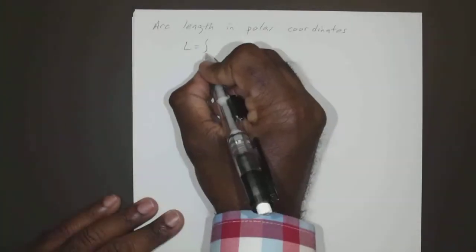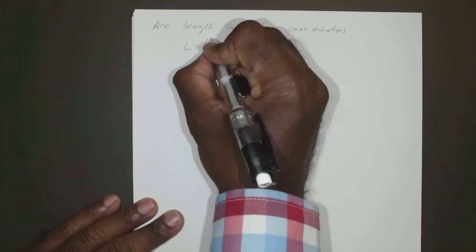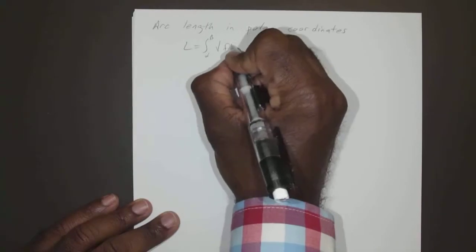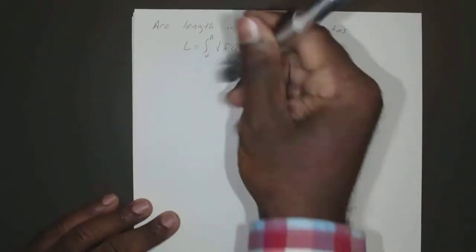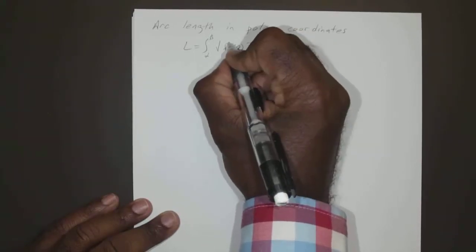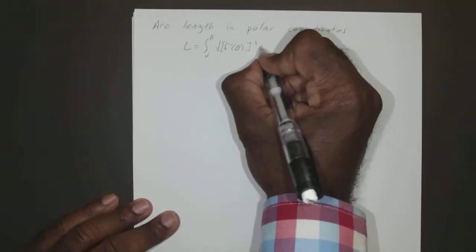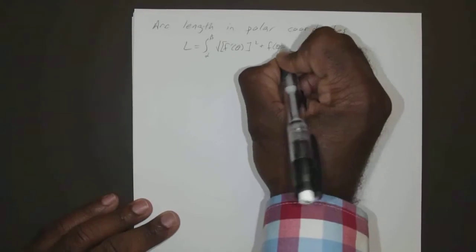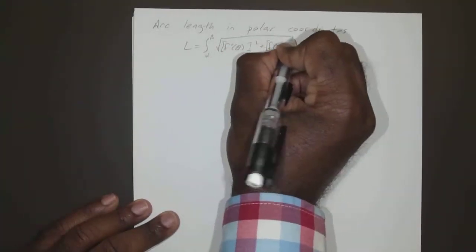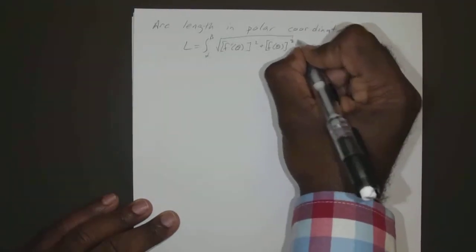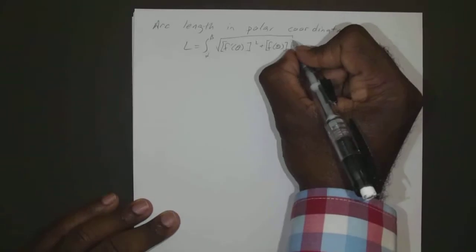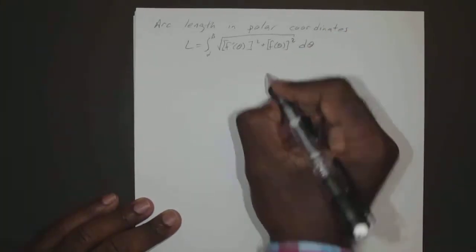Okay, so that's just the length is equal to, from alpha to beta, the square root, well, instead of f prime of theta, you can do it either way. I'll write both. f prime of theta squared plus f of theta squared, with respect to theta.